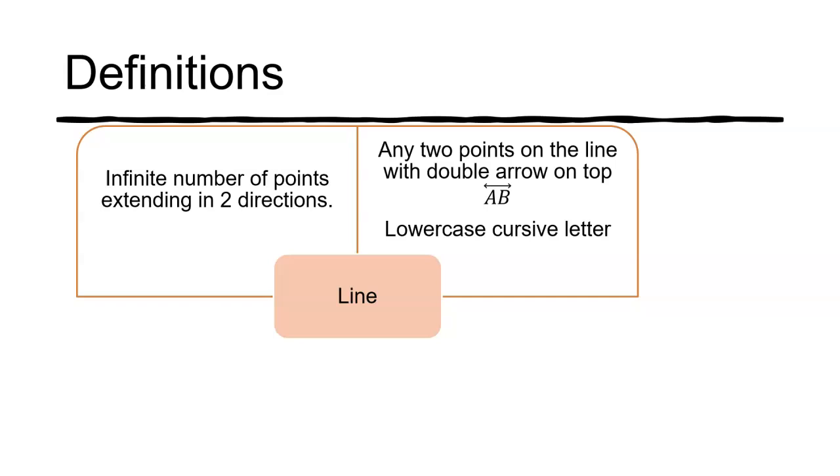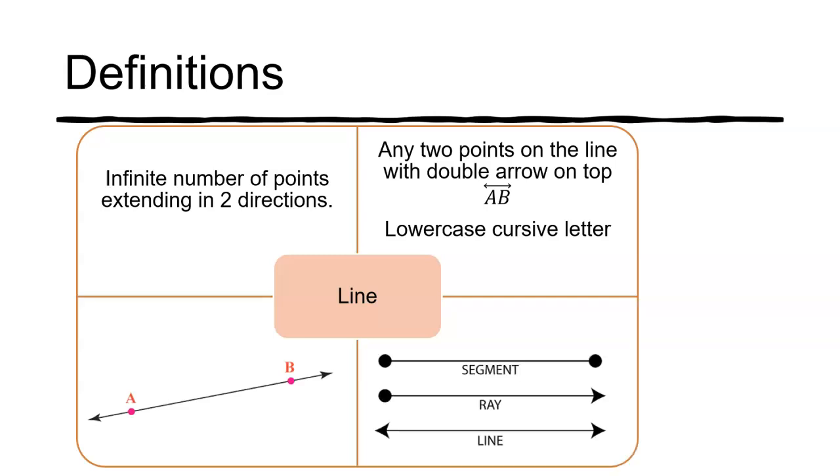And the way we name a line is we either use a lowercase cursive letter, often an L, or we can pick 2 points on the line, any 2 points, and then put a double arrow on top of those 2 points. This would be line AB. That's what it looks like when we draw it out.